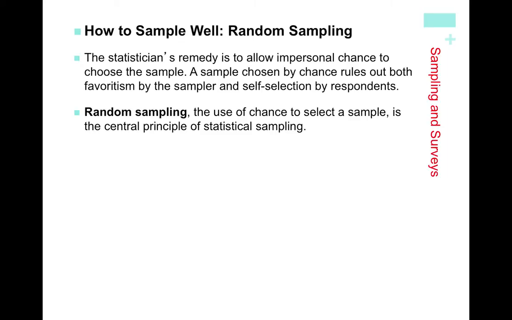Okay. So random sampling involves using a chance process to determine which members of a population are included in the sample. So the easiest way to choose a random sample of n people is to actually write their names on it's the hat method. Write their names on a piece of paper, put them in a hat, mix them up well, choose them until you have the number that you want.